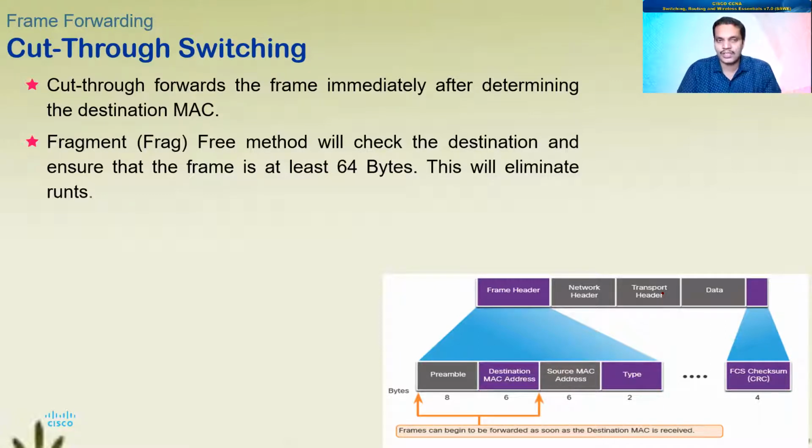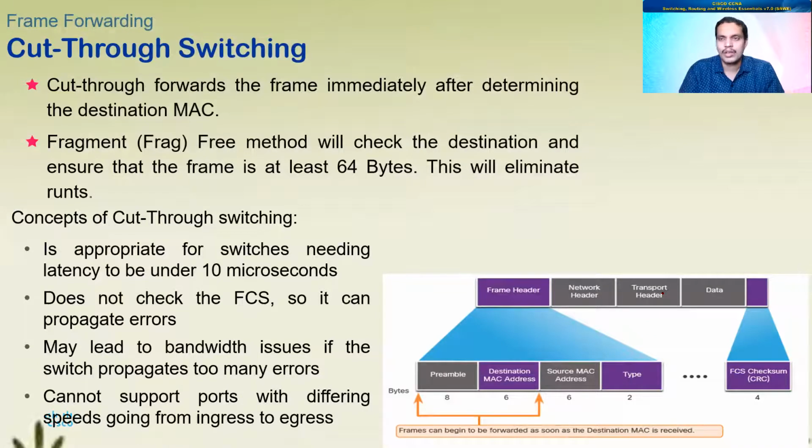By doing this fragment-free method, runts will not be there. Runts, as I told you, means any frame which is less than the minimum 64 bytes required. When you use the fragment-free switching method, no runts will be propagated.